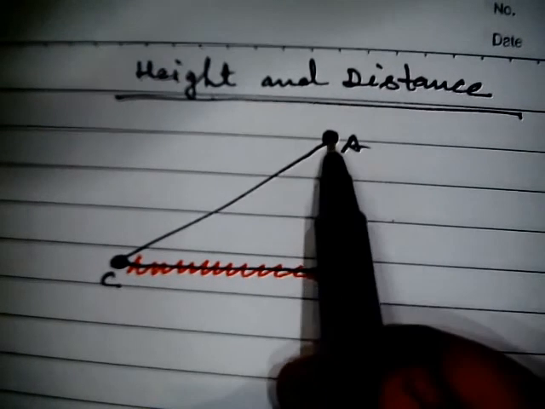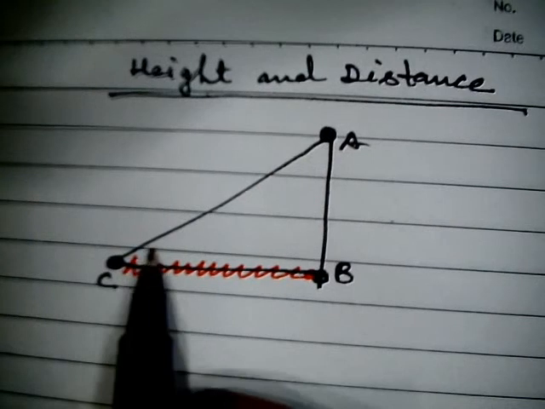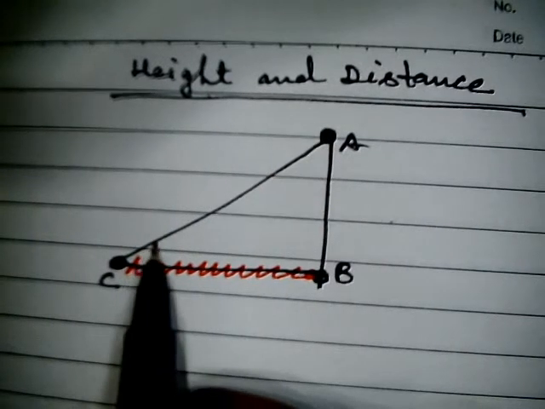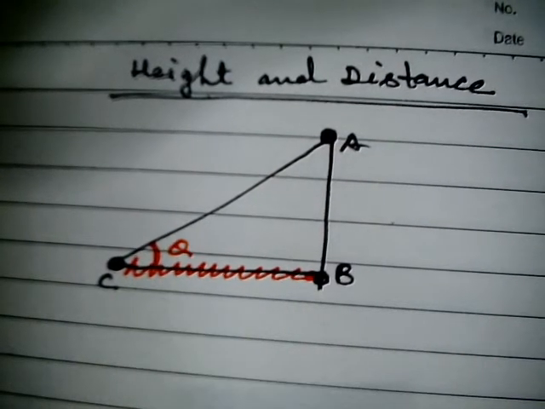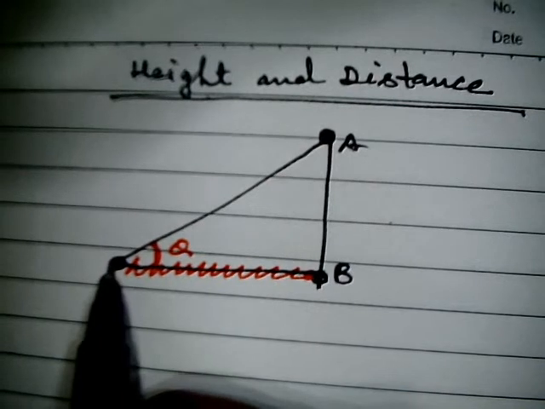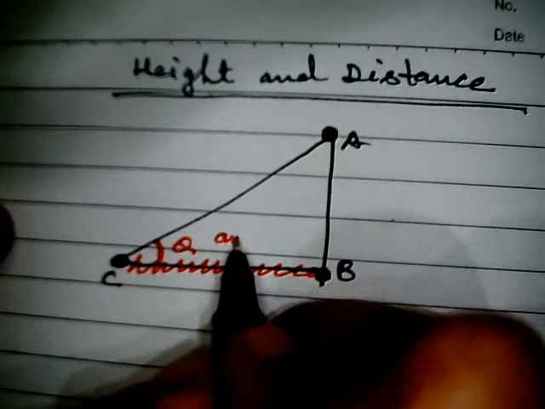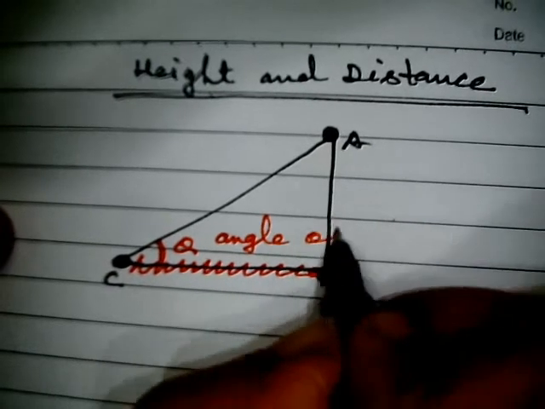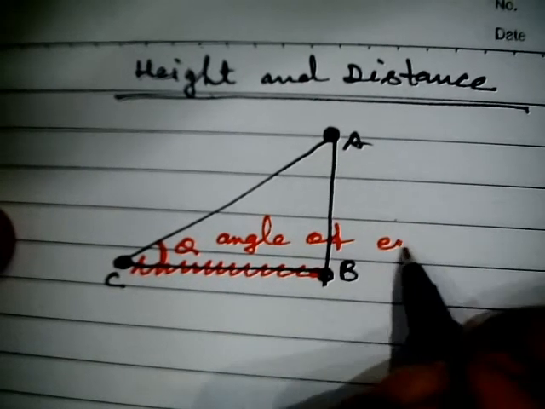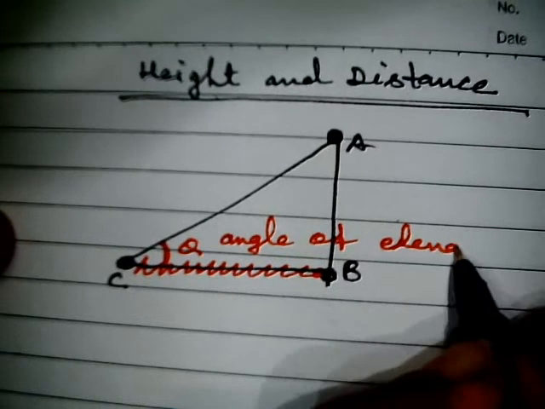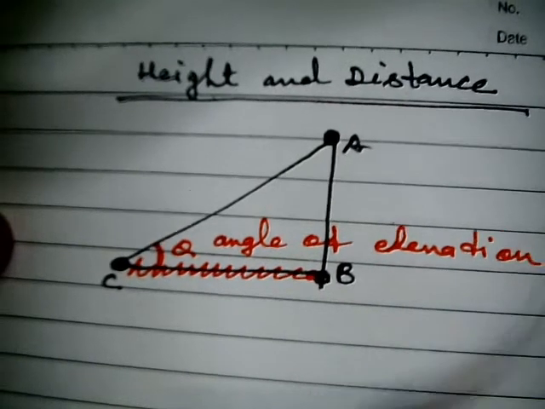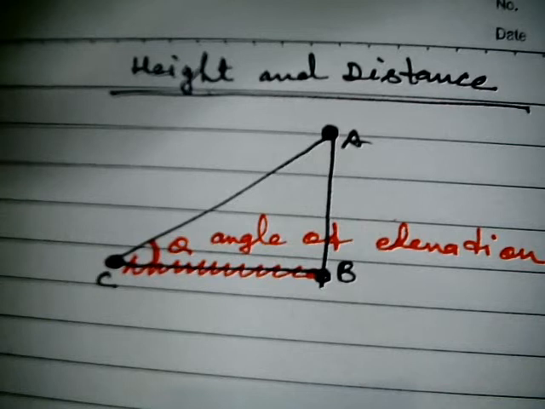So the angle made by the eyes of the person is going to be theta. If the person is sitting down and observing something at the top, this is called angle of elevation. The angle made with his or her eyes is called the angle of elevation.